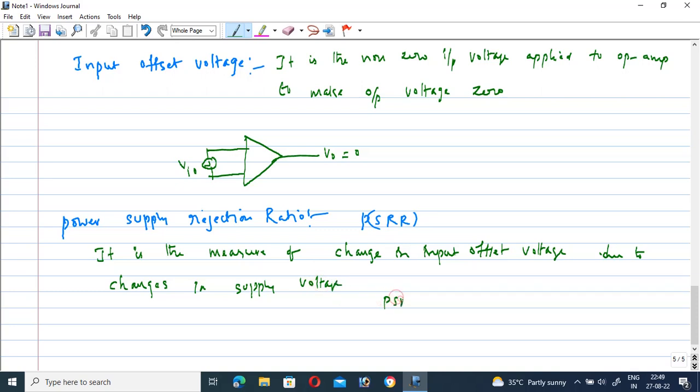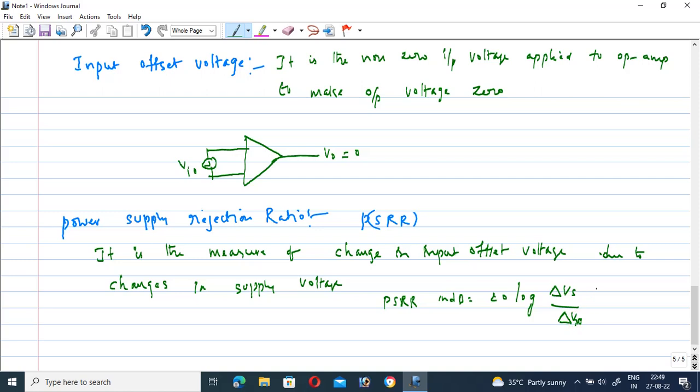Therefore, PSRR in dB is equal to 20 log of, decibels means obviously we can represent, 20 log of change in the supply voltage delta Vs by change in the input offset voltage.